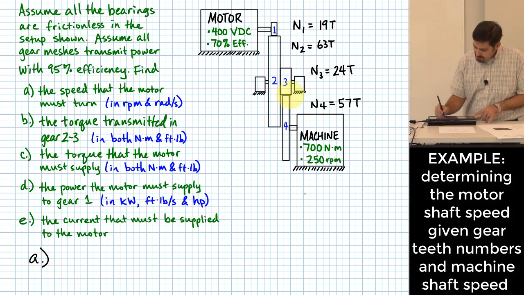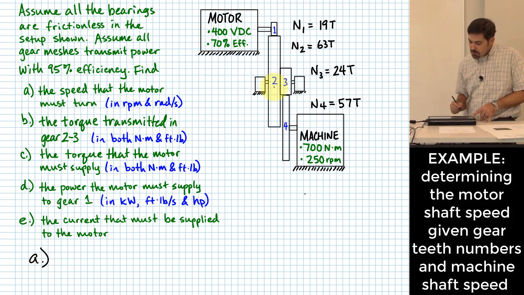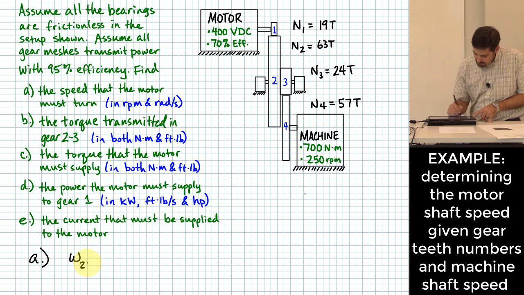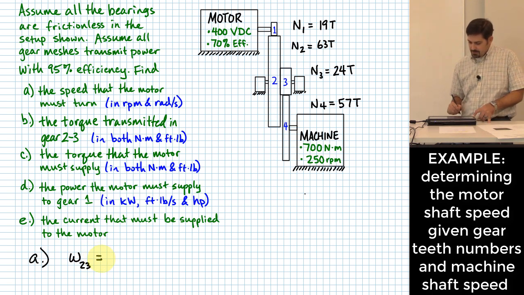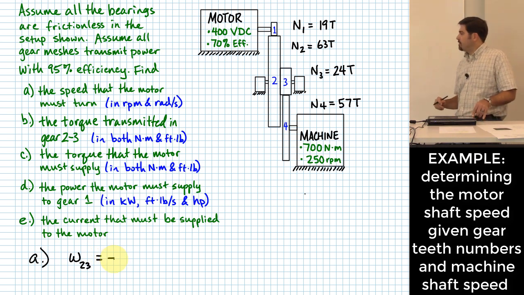One way I can do this is to determine how fast gear 2-3 is spinning. So let me denote that with omega 2-3. Okay? How do I determine what that would be? Okay, well, let me explain how I do this.